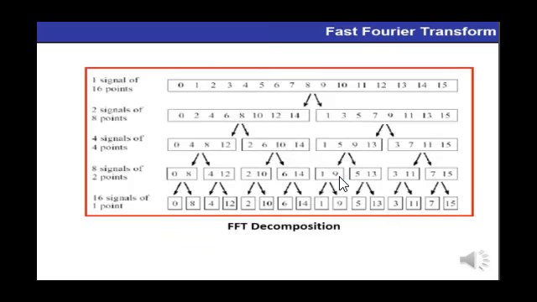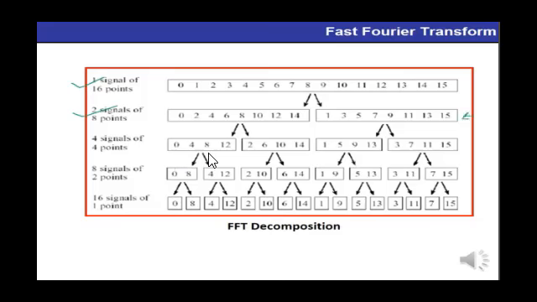See this signal of 16 points. First we divide it into two signals of 8 points, that is, the first is the even signal and the second is the odd signal. Then we divide into four signals of 4 points.